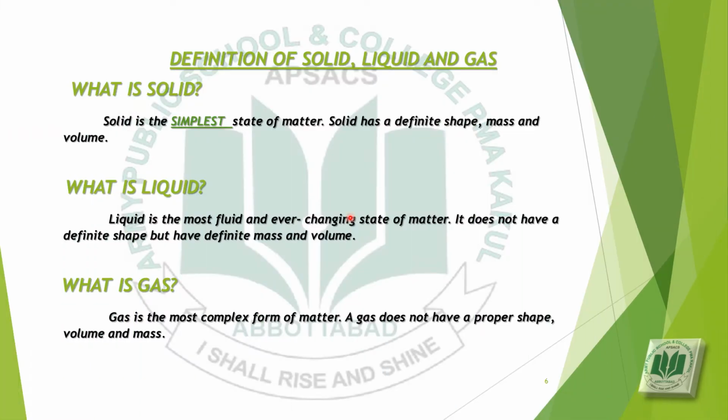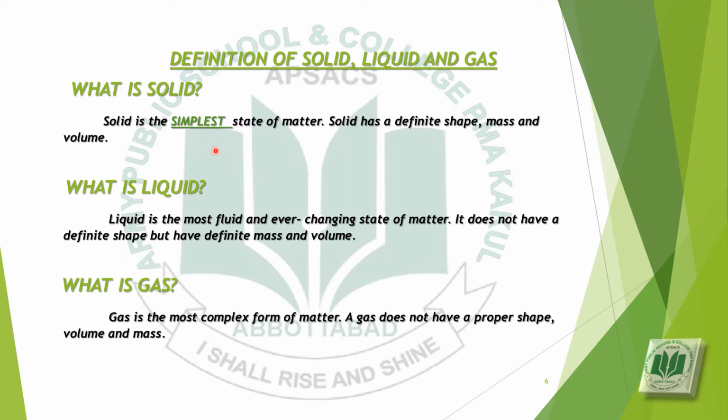So, students, after description of different states of any matter through different diagrams, now we are going to define the basic definitions of solid, liquid, and gas. Students, first of all, we will describe the definition of solid. What is solid?